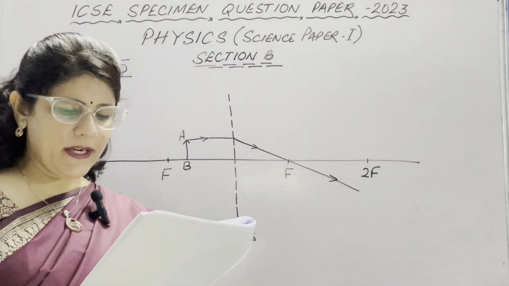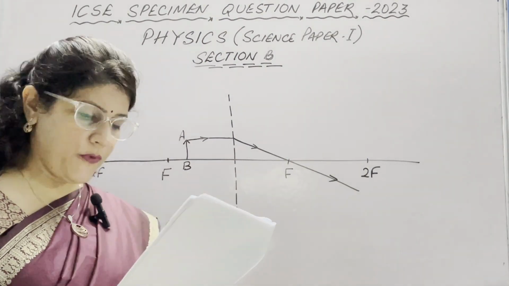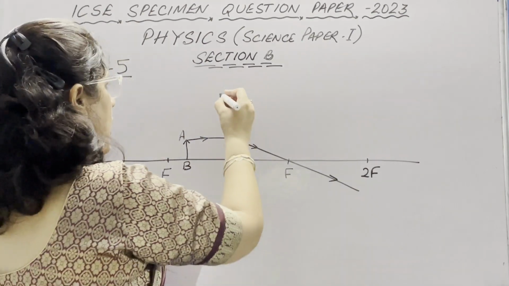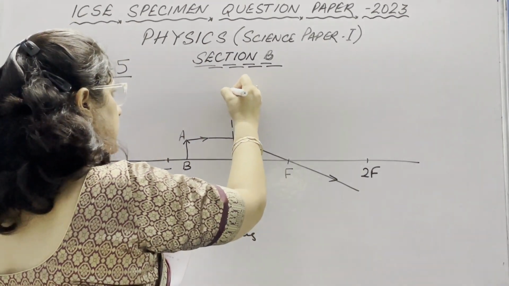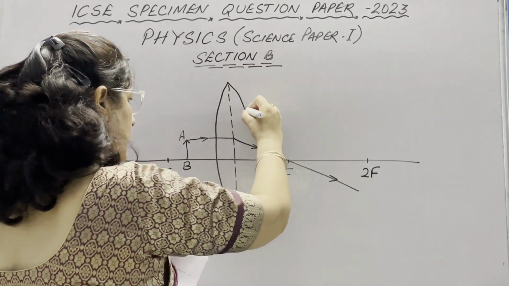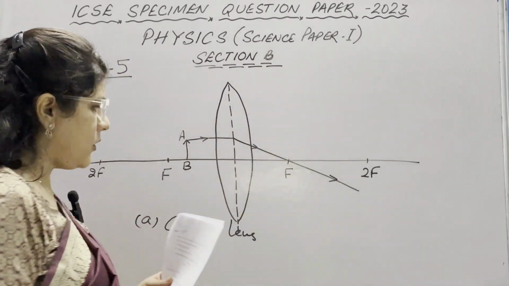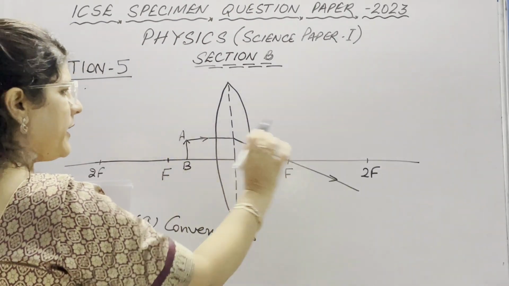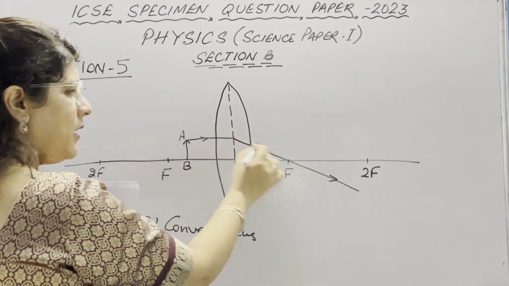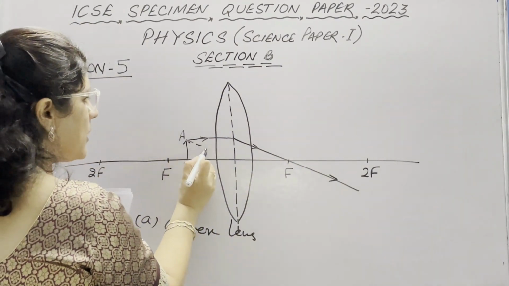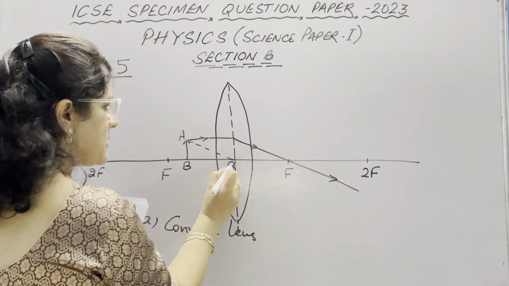Now redraw and complete the ray diagram showing the formation of image. If we want, we can make this line like this, or otherwise we can draw the lens over here. Now this is the convex lens. For redrawing, one ray is already given, which is coming parallel and passing through the focus. And the second ray we can draw passing through the optical center of this lens.